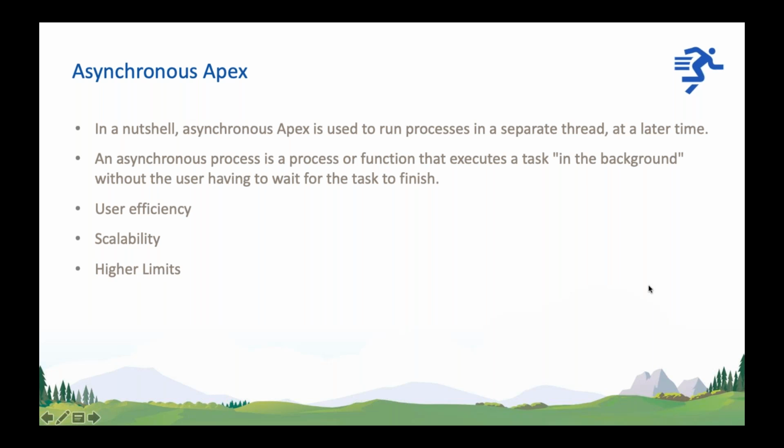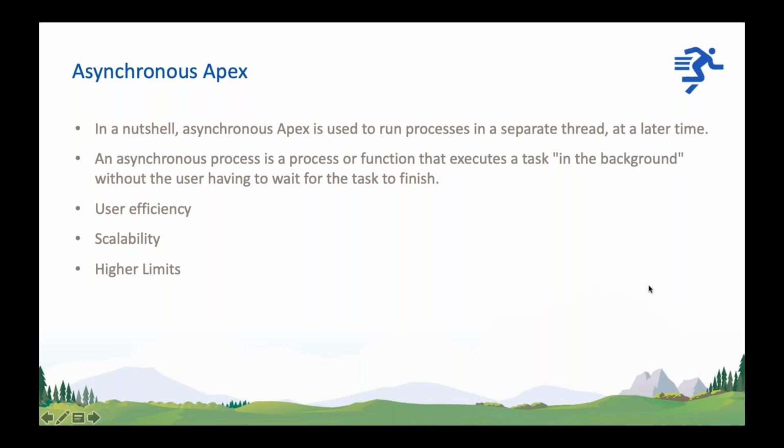As you remember, we can do DML only 150 times in a single transaction, right? I want to update all the records in my database at a time. I can't do that. I can update a maximum of 150 records, right?